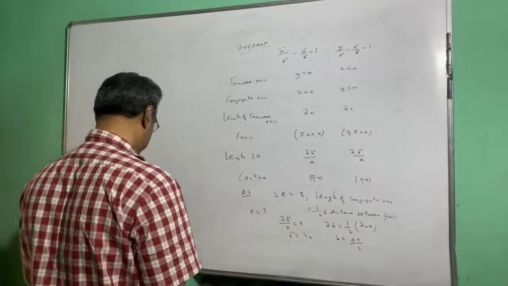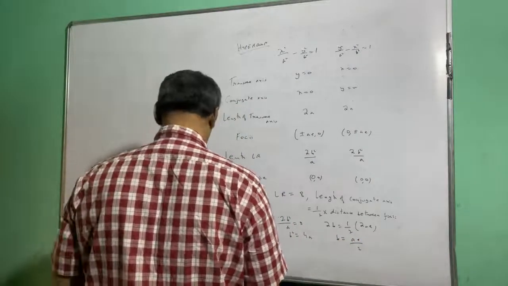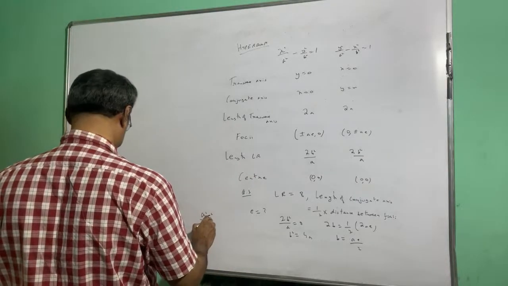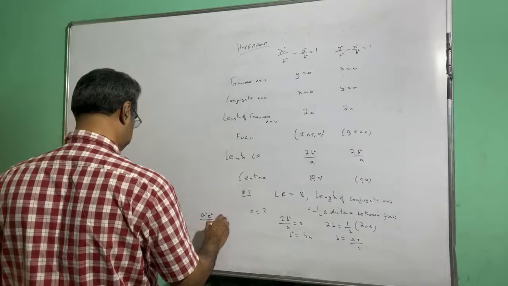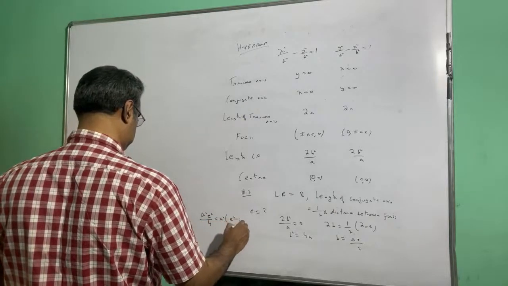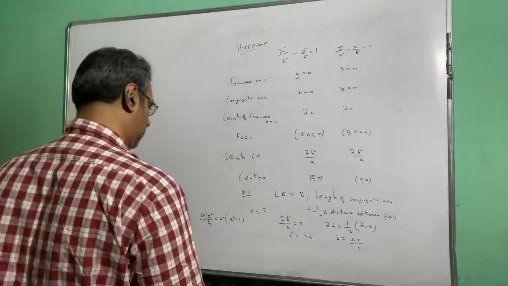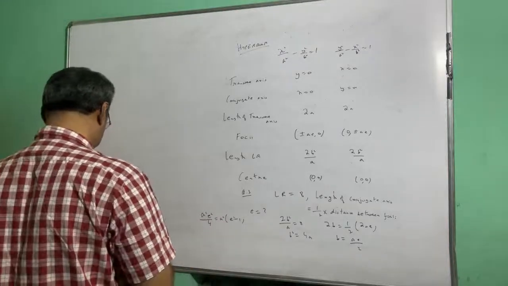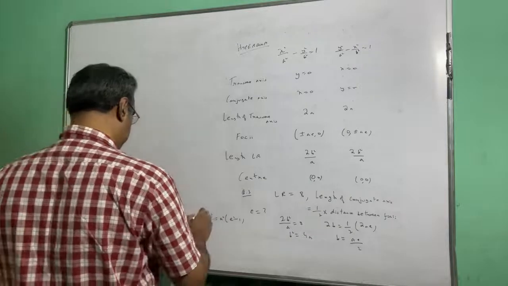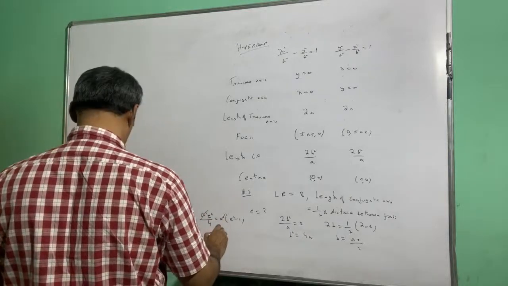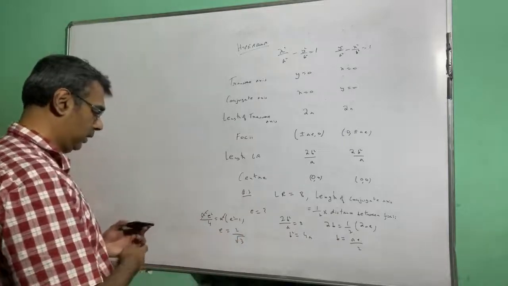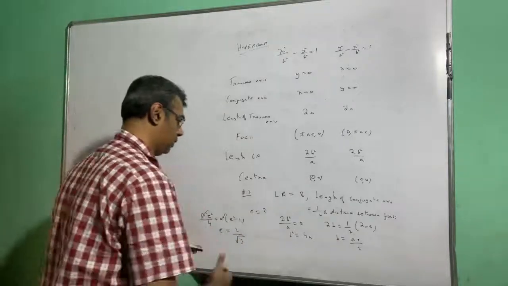So b is coming ae by 2. So a square e square by 4 is a square into e square minus 1. So a square will cancel and now you have to solve. So eccentricity will come 2 by root 3. So that will be the answer of this question.